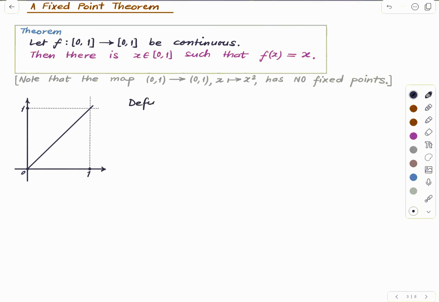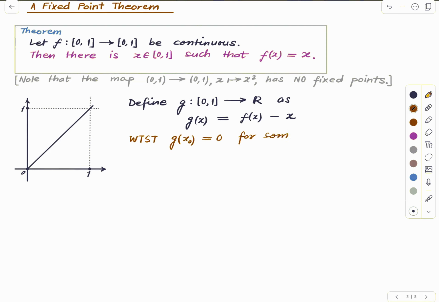Define the map g from the unit interval to R as this thing. And a restatement of the problem is that we want to show that g(x) equals 0 for some x in the domain.